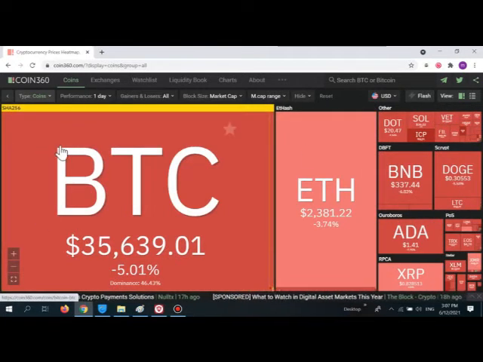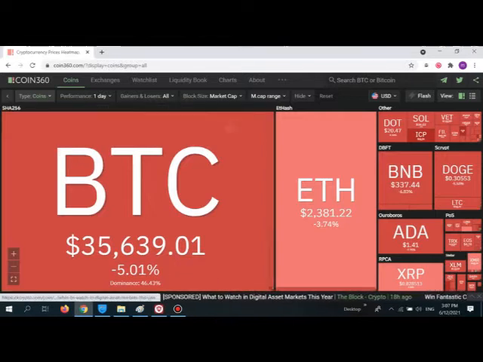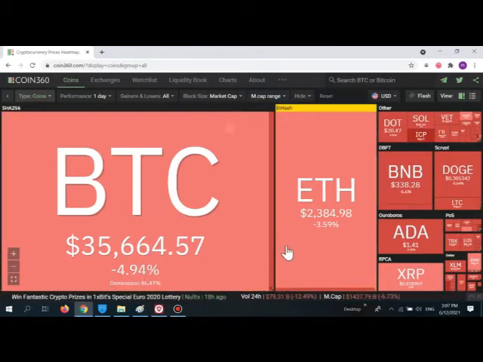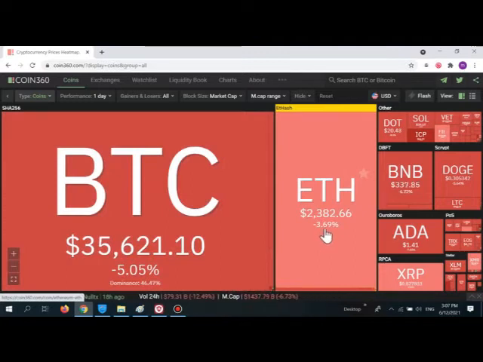The heat map is very useful to give you insight about the current situation of the cryptocurrency market. For example, here we can see the total market is red right now, okay? But for how long? These numbers, these percentages that we see here, for example, the Ethereum minus 3.69%, right?